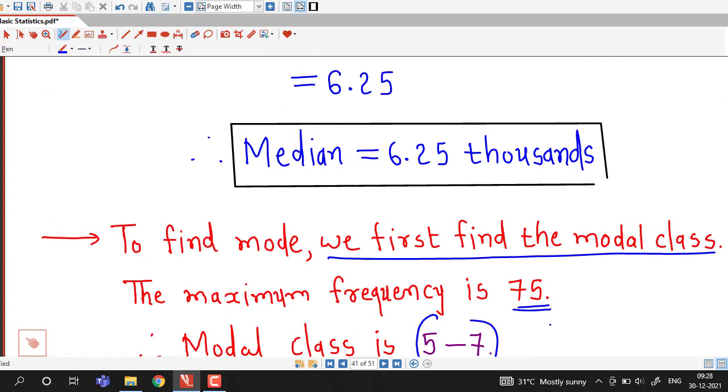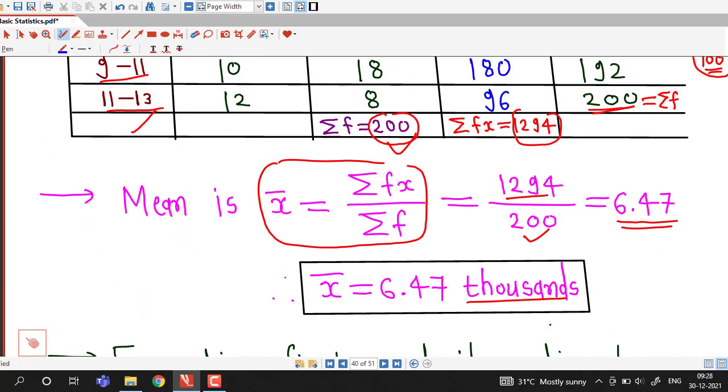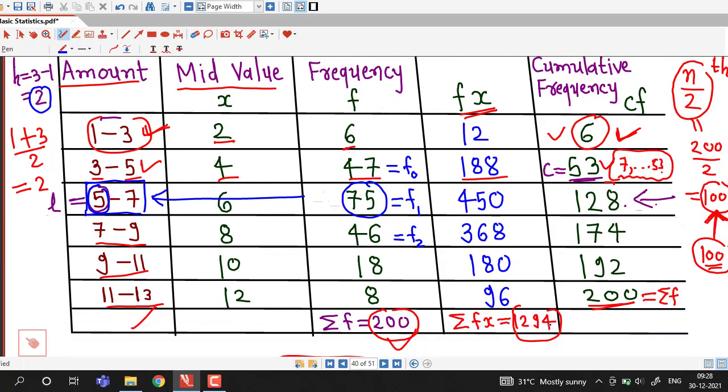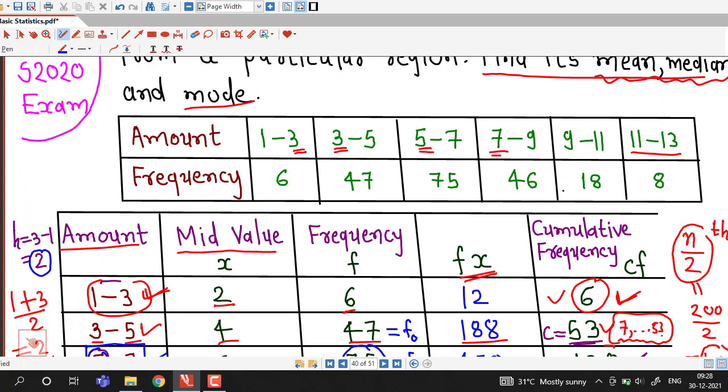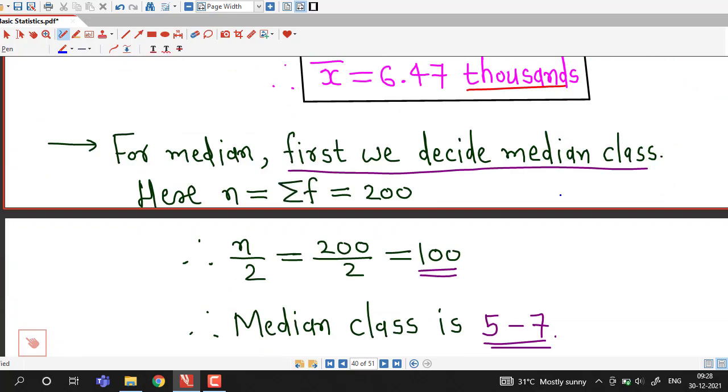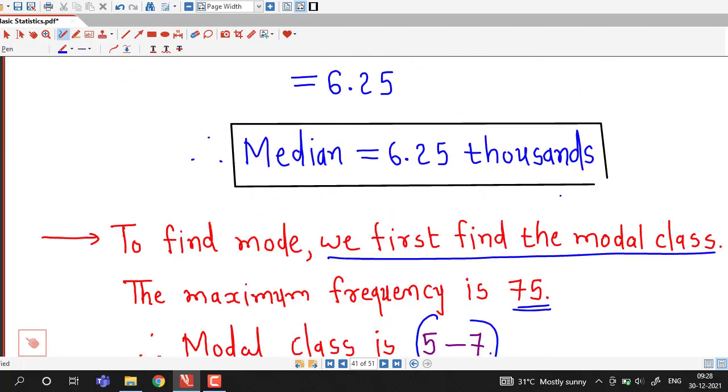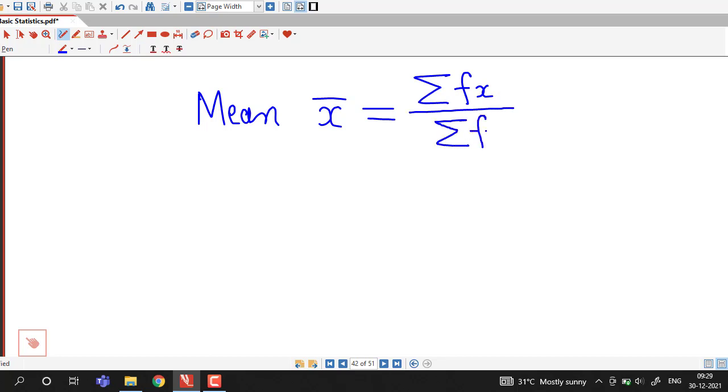So in this way, if you are asked to find mean, median and mode at the same time, we can first prepare the table in which we write down all the columns required for mean, median and mode, and then using the formulas we can easily find the required measures of central tendency. So we just recall, mean has the formula x bar equal to summation f into x divided by sigma f.